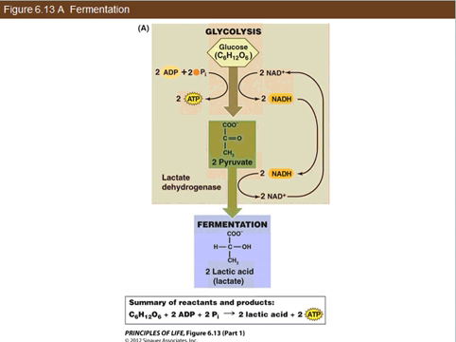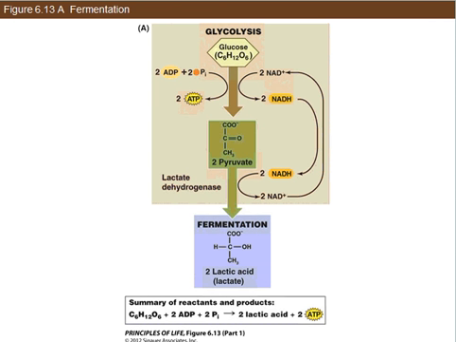Here's a picture of lactic acid fermentation. As you can see, the glycolysis looks very similar, but instead of the pyruvate going into the pyruvate oxidation stage, it's going to be converted into lactic acid.